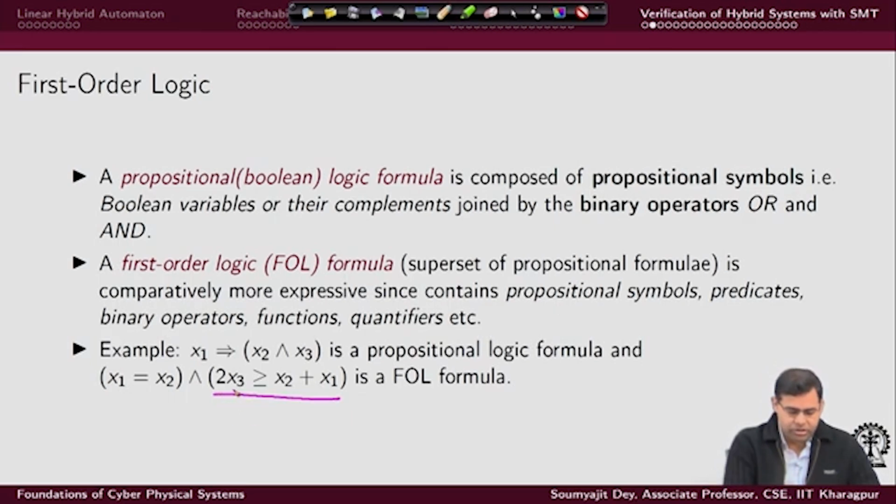That also means that here I am not interpreting these variables x1, x2, x3 as Boolean variables, but rather as real variables or integer variables, depending on which theory we are going to use, whether the theory of integer arithmetic or real arithmetic. And we are combining them to generate linear relations here using binary operators which are primarily of this set.